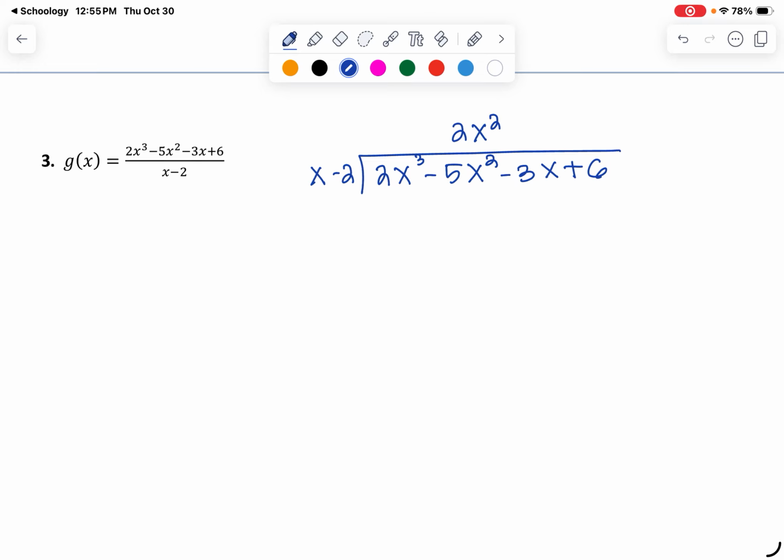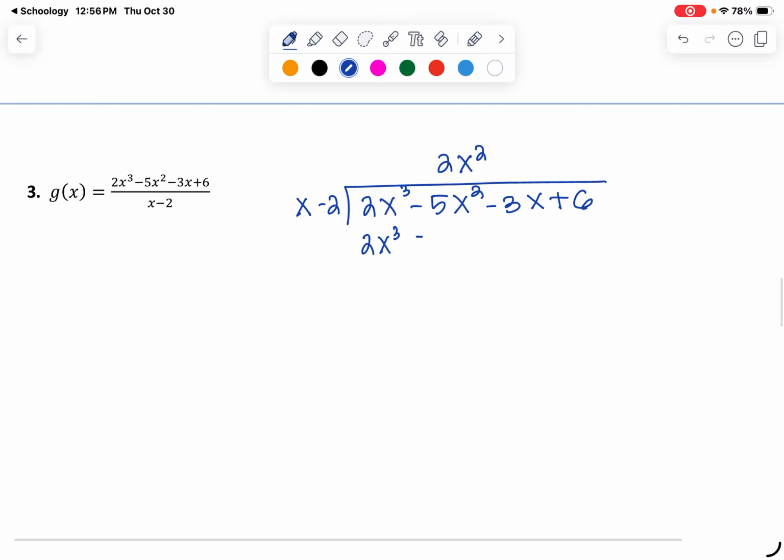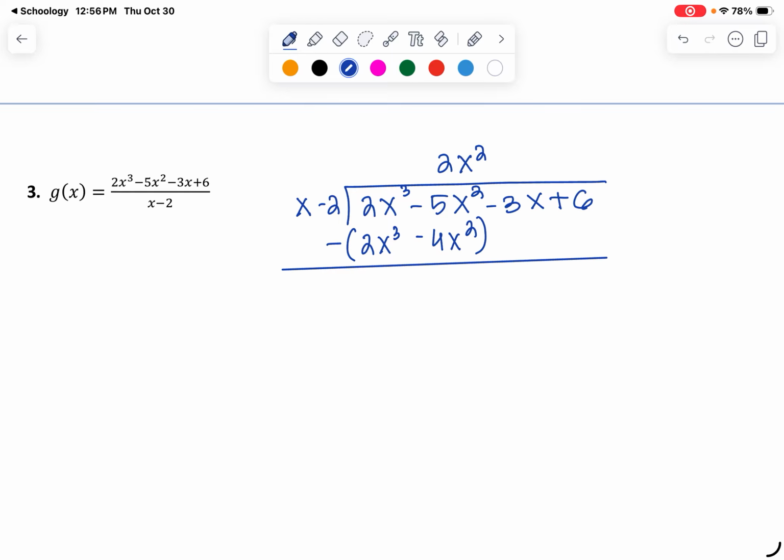All right, so 2x squared times x is 2x cubed. 2x squared times negative 2 is negative 4x squared. Put it in parentheses, subtract it off. I don't like subtraction, so I'm going to change it to add the opposite. These cancel because they always will. Negative 5x squared and 4x squared is negative x squared. Drop your negative 3x, drop your positive 6, start from the beginning.